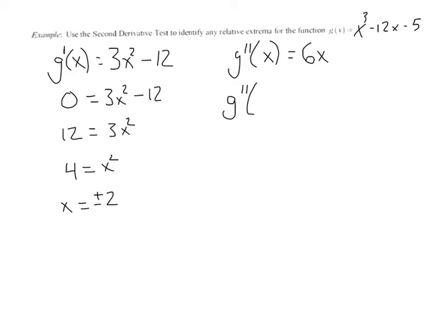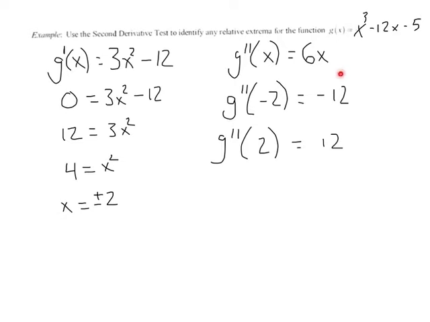If I plug in negative 2, I have negative 12 at that point for the second derivative. That tells me it's got to be concave down at that point. And at the other critical point, I get a value of 12. That tells me it has to be concave up at that point.